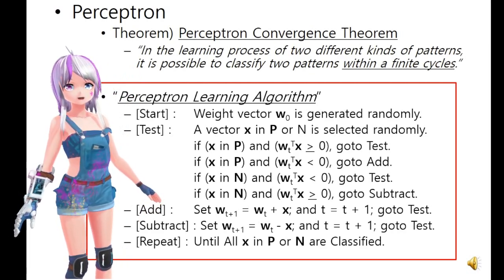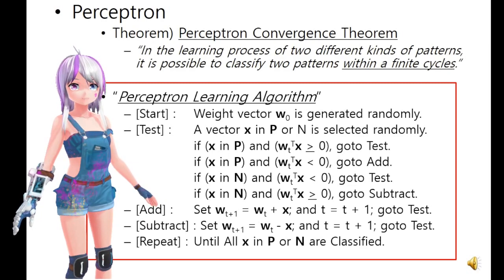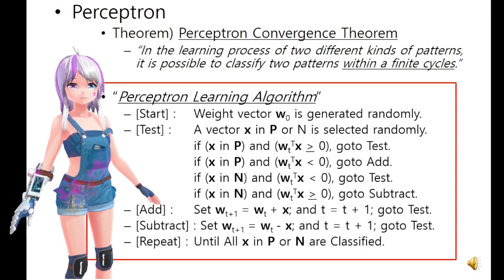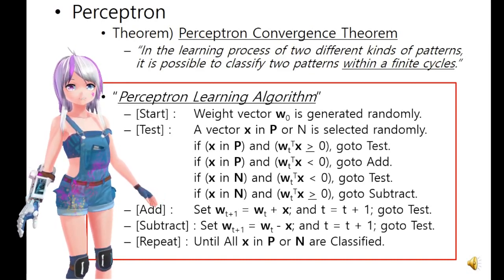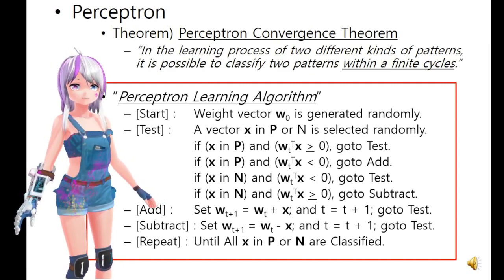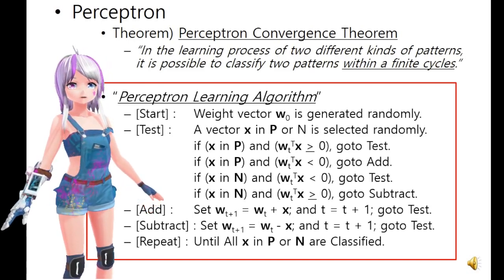So we go to subtract. Take a look at subtract: set Wt+1 equals Wt minus x. The minus operation is the simplest one. It rotates the W vector so that it goes farther away from the x vector. Then we increase t, go to test, and pick up another training vector.